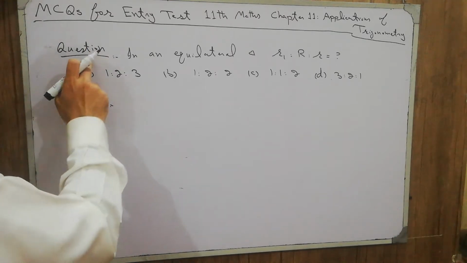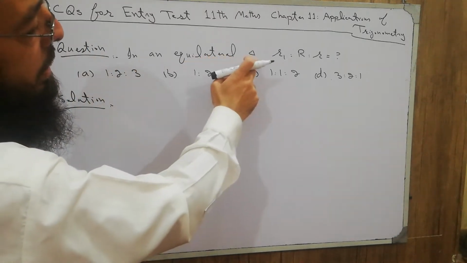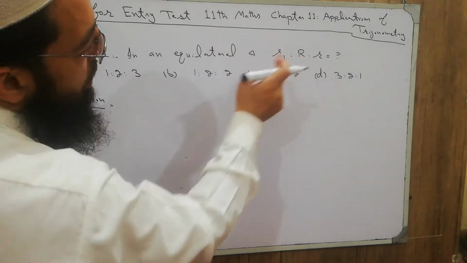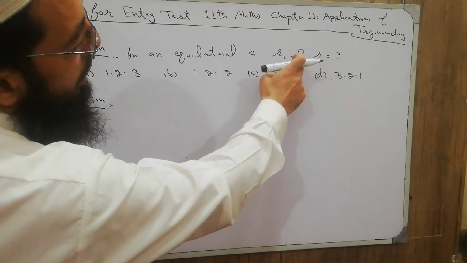So, the question is: in an equilateral triangle, find r1 ratio R ratio r.